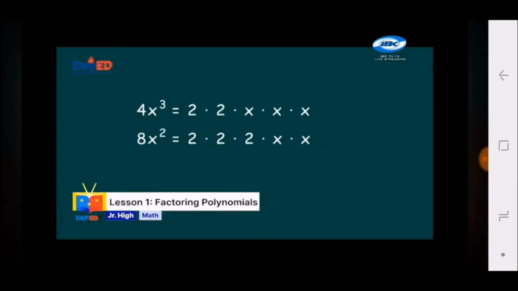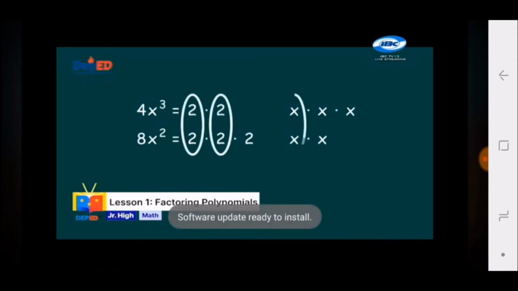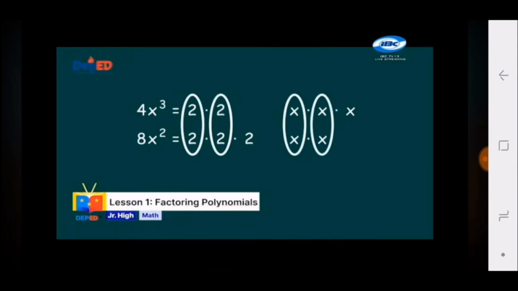Next step is we identify common factors. We can separate and align the numerical and literal coefficients to make this easy. Can you identify which is common among the prime factors? How many 2 are common? How many x are common? We can encircle these pairs to help us determine the common factors. The common factors are 2, 2, x, and x.